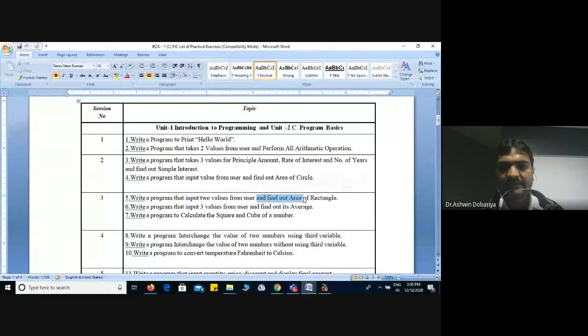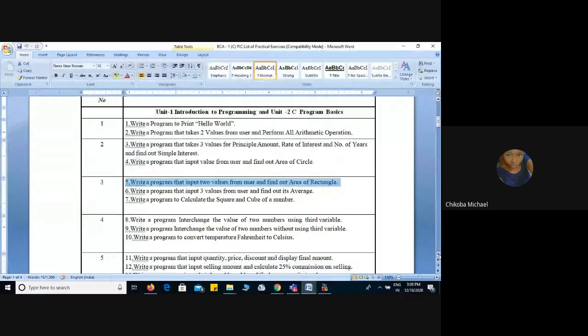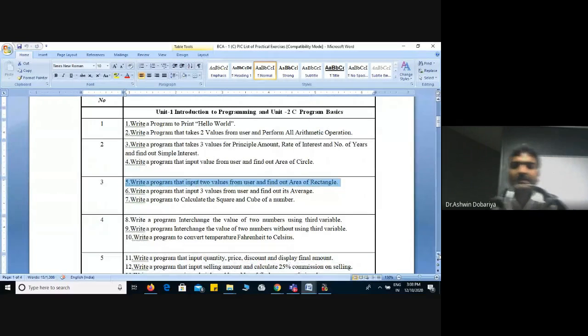Up to this fifth, is my screen visible, everyone? Yes, sir. As I told you, you have to prepare a lab journal also. A lab journal means a separate notebook. In that, you have to write the algorithm, flowcharts, and C program.